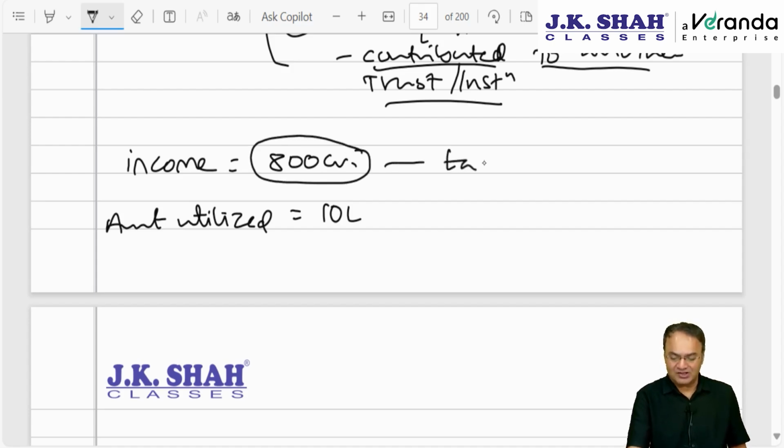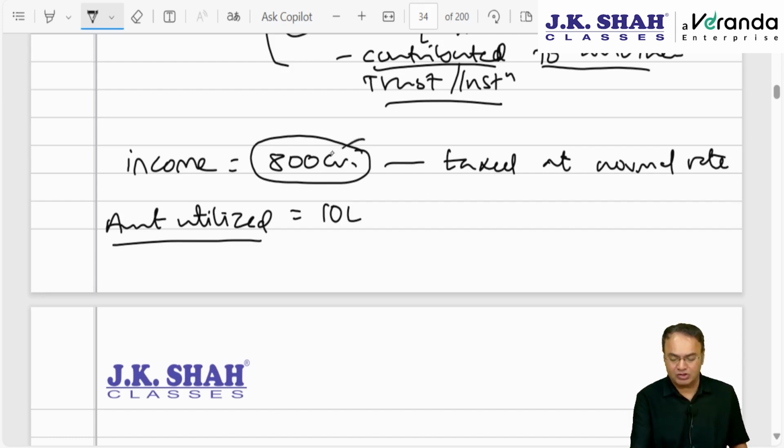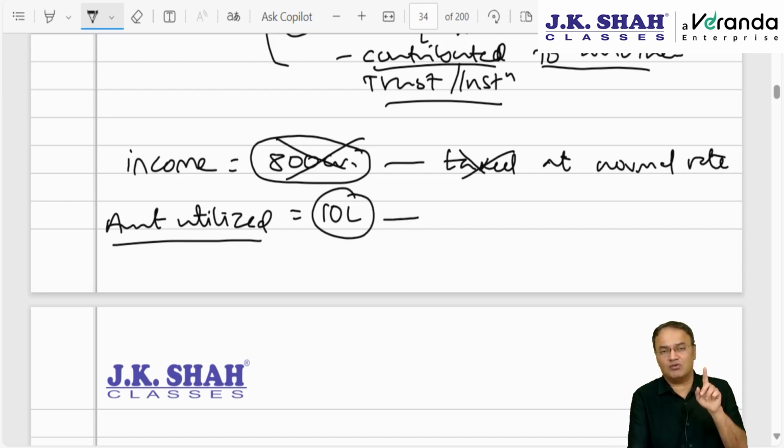This used to get taxed at the normal regular rate as applicable, which was unfair, because of a small amount utilized or misutilized for the benefit of these people, the entire income becomes taxable. Nirmala Sitharamanji, AY 23-24, she changed it. She said, okay, now this will not be taxed, but this will be taxed, whatever is the amount involved, subject to two exceptions. One of the exceptions is that the amount does not exceed rupees 1000, which is a negligible exemption.